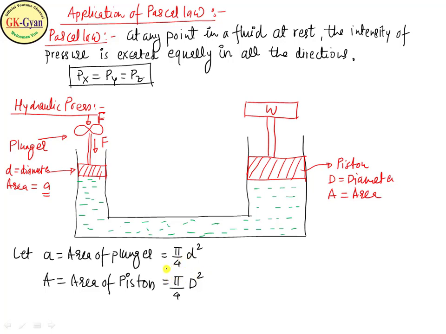So this is the hydraulic press. On one side there is a plunger and on the other side there is a piston, and inside there is a fluid. It will act with some pressure on the plunger and also act with some pressure on the piston. Okay, got it? So we will see the cases on this hydraulic press.